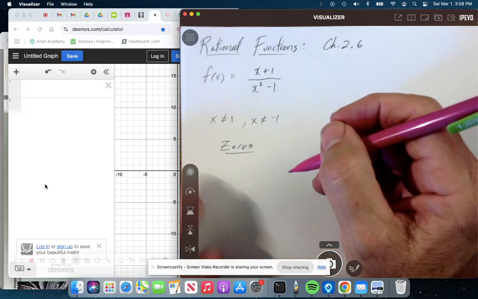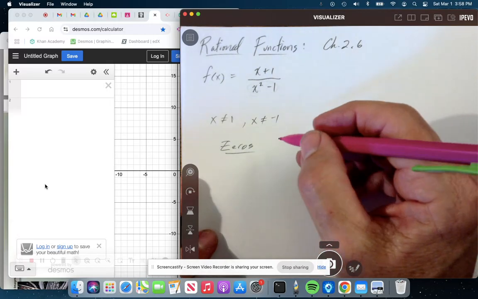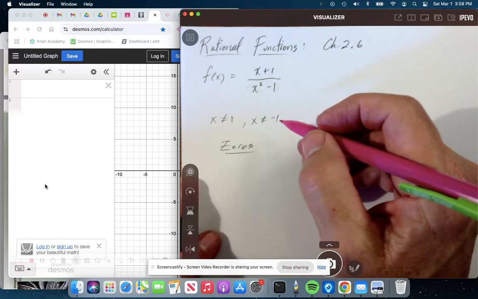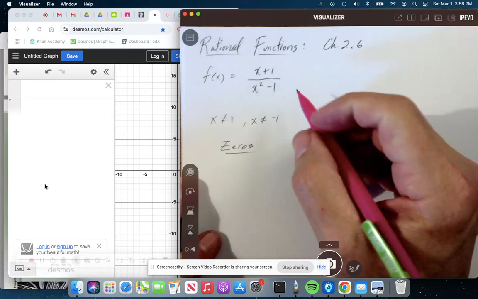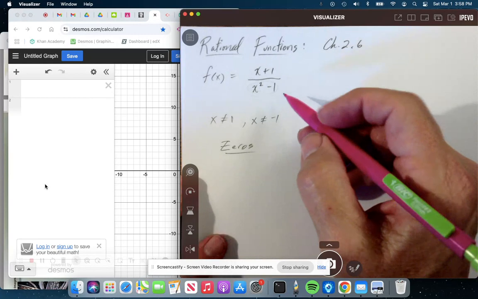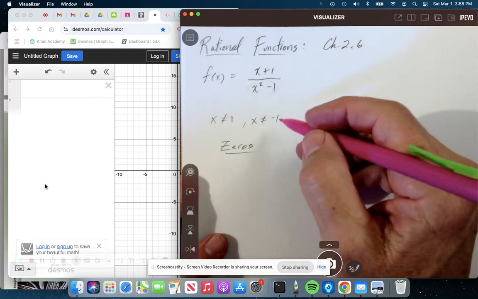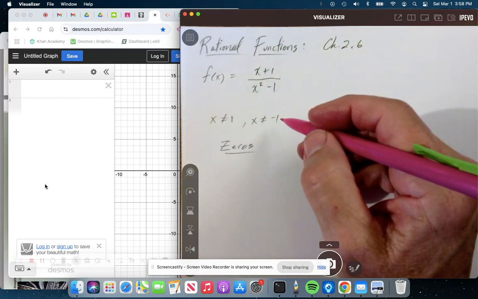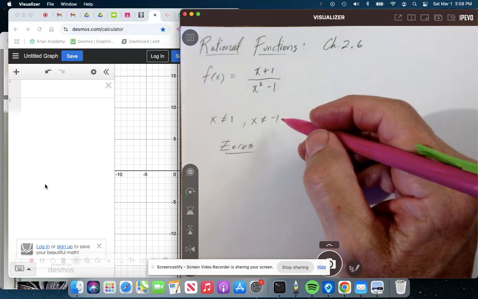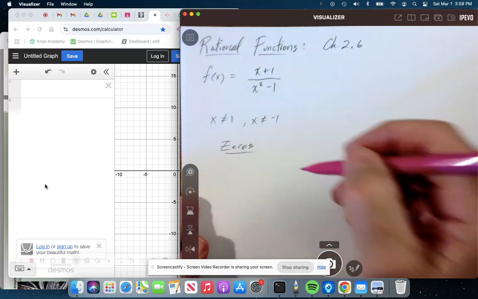Now, asymptotes are basically like walls that the graph climbs up or skims across, so to speak, right? So imagine a wall that a vine hits. What happens? The vine hits the wall and just climbs up the wall. So that's an okay analogy, I think.